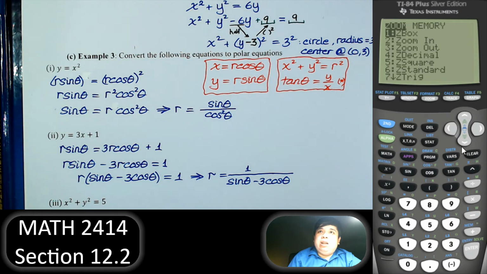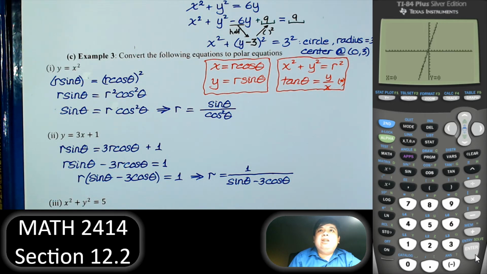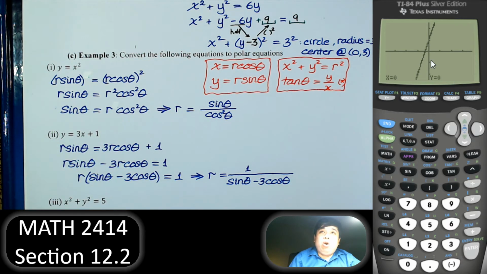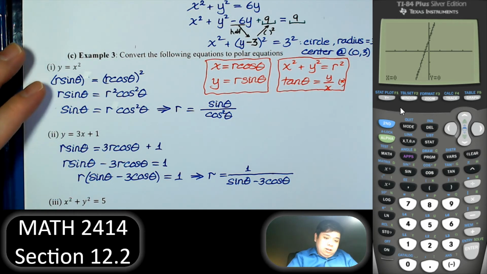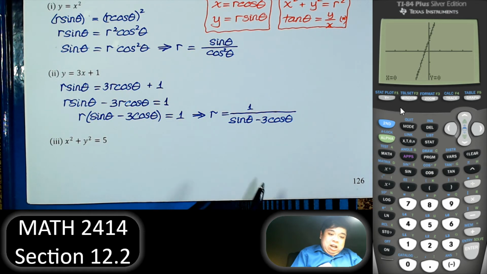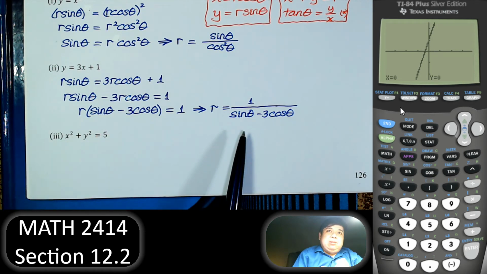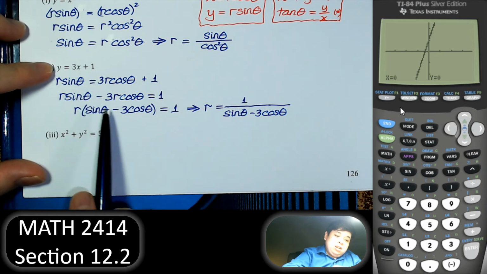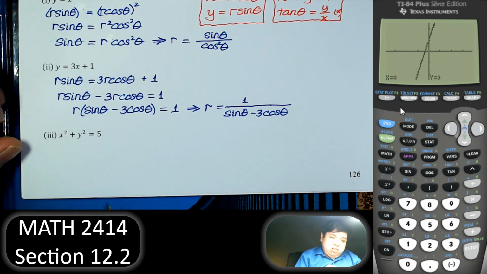So let's zoom in. It does go to 1 because the y-intercept is 1 and the slope looks like 3. So that works. I chose to solve for r, so in that case I can graph it, but we don't need to. Any of this is good as the answer.